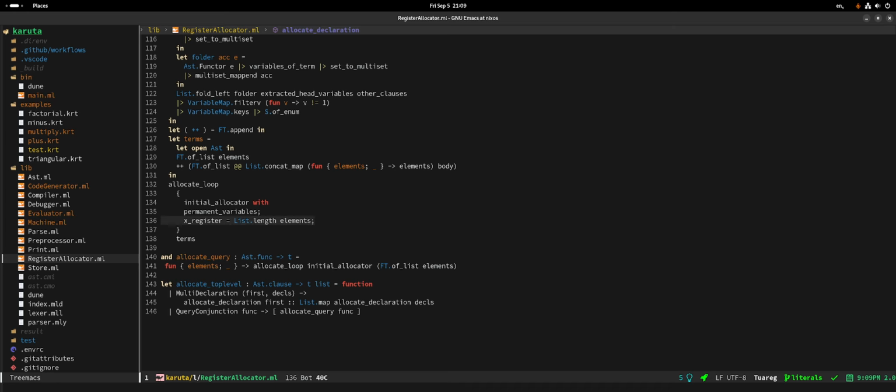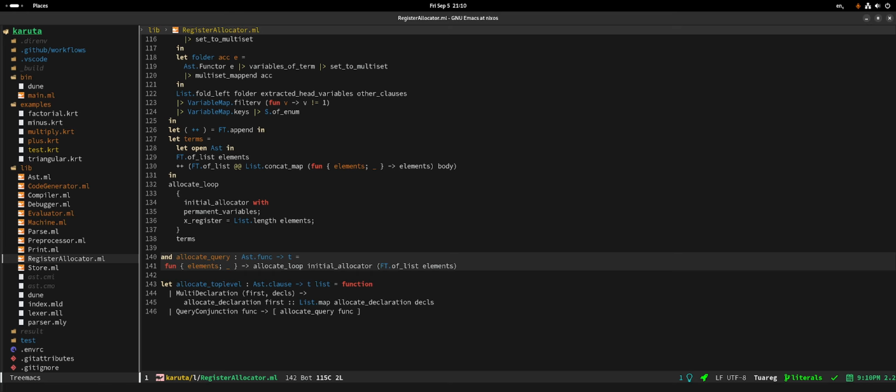Oh, look at this. So this is where we're doing it. We're not passing it as an argument in here like we do in other places of the compiler. Because that's not actually a function. And we also have it in 141, which is this. But that's fine. Allocate query elements. Yeah, that's the problem.